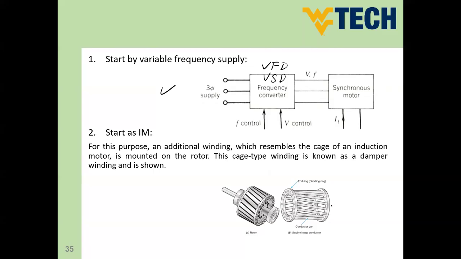This technique allows the motor to start automatically. And if we install this cage on the rotor body of the synchronous machine, we call it damper winding. So this is damper winding, or the cage that we install on the synchronous machine.